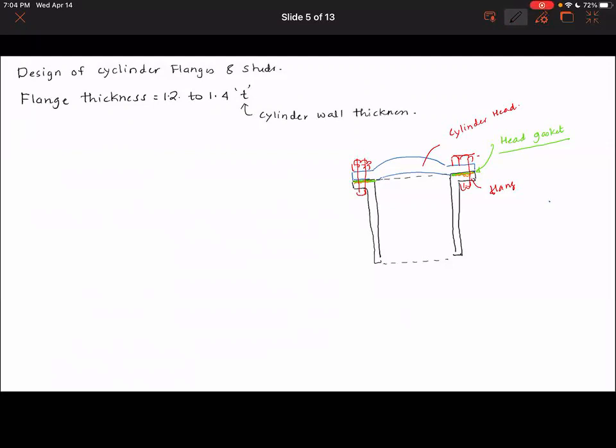So flange thickness is 1.2 to 1.4 times the cylinder thickness. So this is called, and I should write this down here, this is the flange thickness.